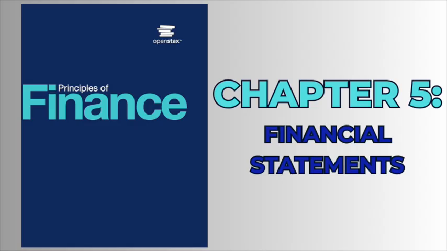EBITDA, earnings before interest, taxes, depreciation, and amortization. Now that we have a full income statement, we can look at another commonly used measure of financial performance called EBITDA. EBITDA stands for earnings before interest, taxes, depreciation, and amortization. Amortization is similar to depreciation. It is the spreading of the cost of an intangible asset over the course of its useful life.